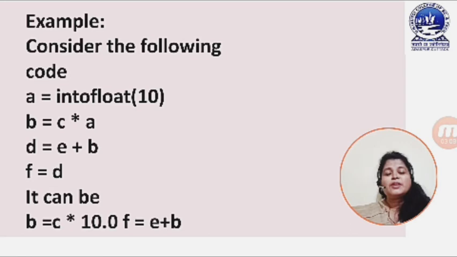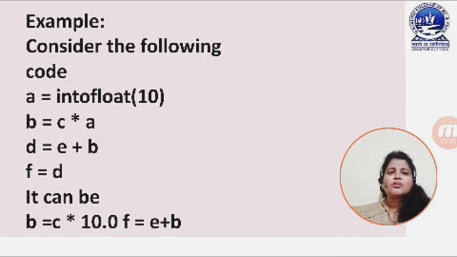It may be optimized as b = c * 10.0. Why is it 10.0? Because we have already converted it into float. When we convert an int constant into float, by default .0 will be added. So without converting, you can directly use 10.0.